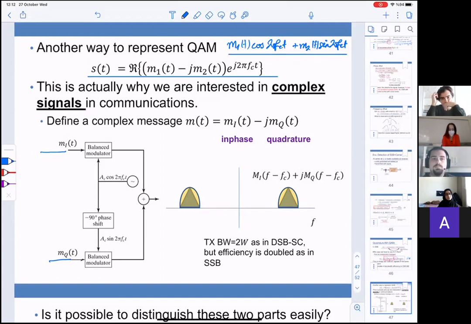Of course, I'm not going to be transmitting a complex signal, right? But I can always imagine that I'm transmitting the real part of a complex signal.